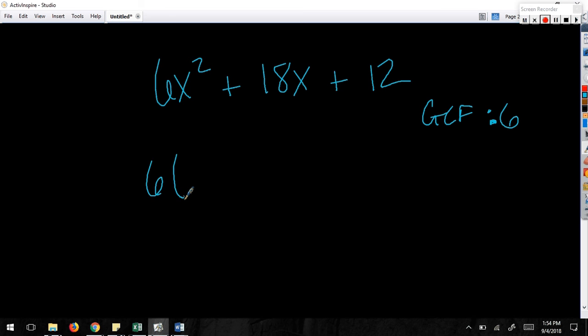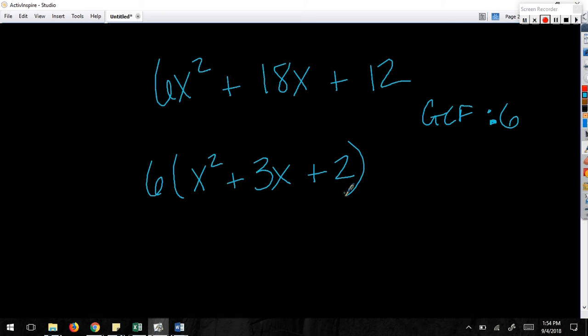Now this time, instead of distributing, I'm doing the opposite. So I'm not multiplying. What am I doing? Dividing. What's left in that first term? 1 what? Plus, just 3x, plus, somebody said 2.